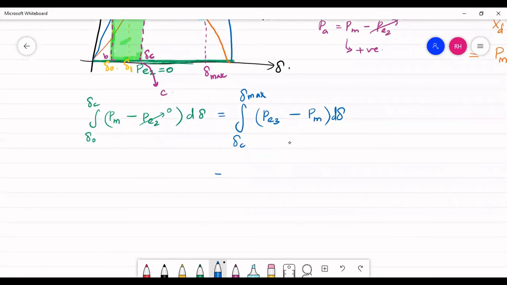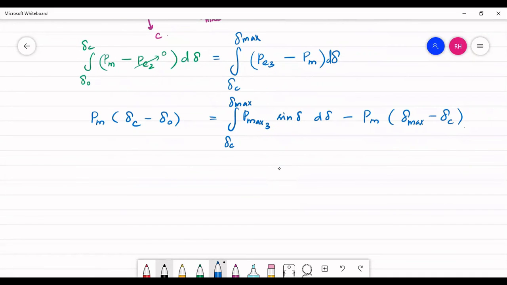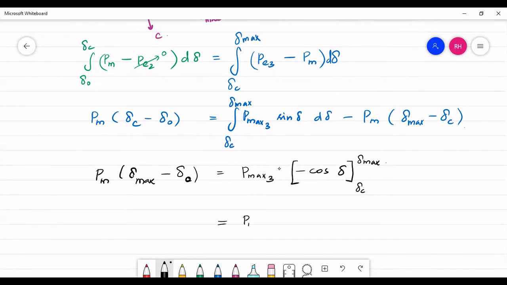In place of PE3, let me substitute Pmax3 sine delta. So let's group the terms having Pm together. Applying the integration, the equation goes as follows.